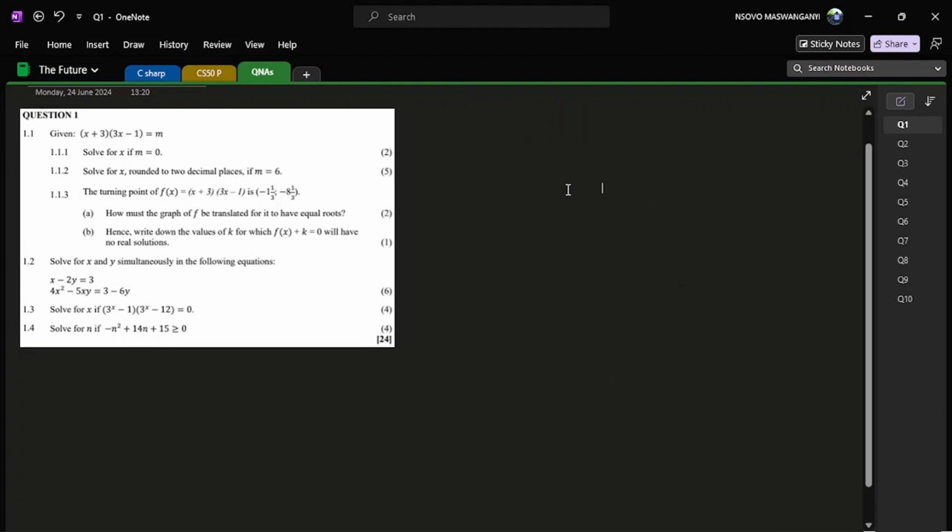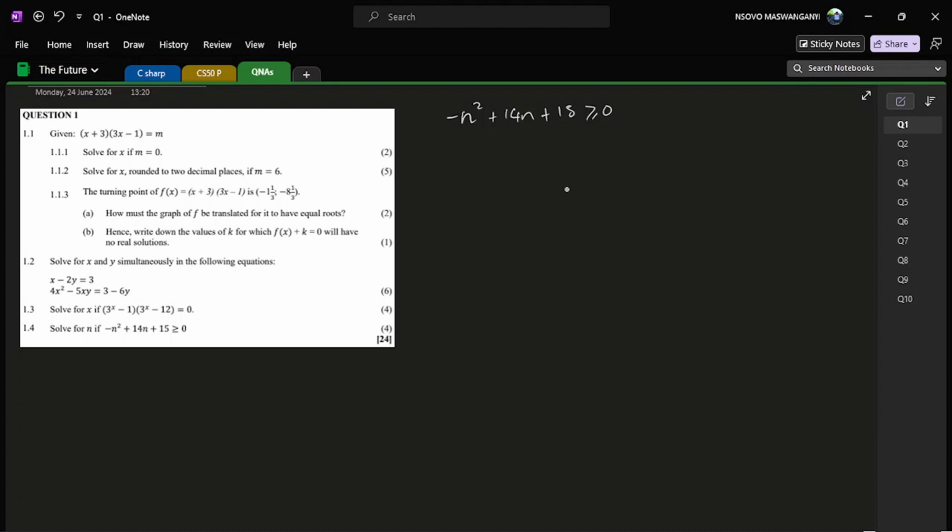Right, question 1.4 says, so for n, if negative n squared plus 14n plus 15 is greater than or equal to 0. So this is a classic inequality. In other words, we have negative n squared plus 14n plus 15 greater than or equal to 0. So I do not like to work with negatives in front of n squared or in front of anything squared.